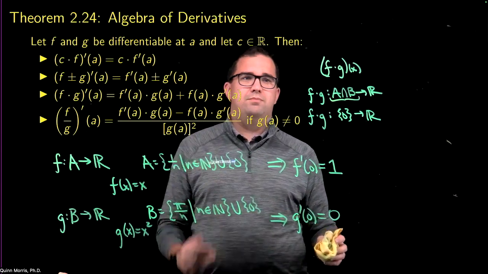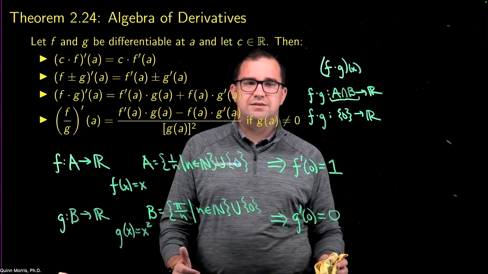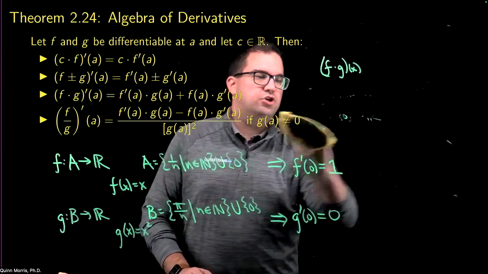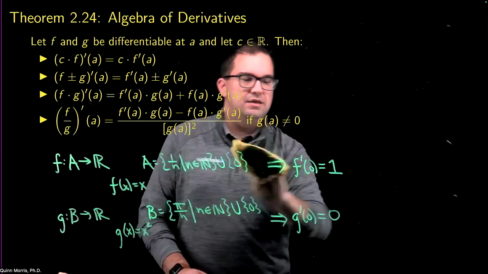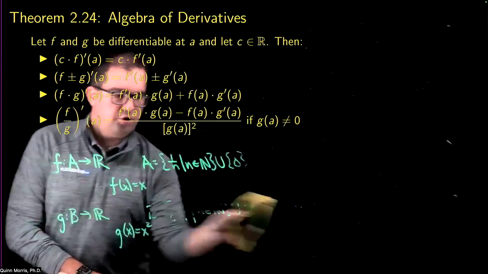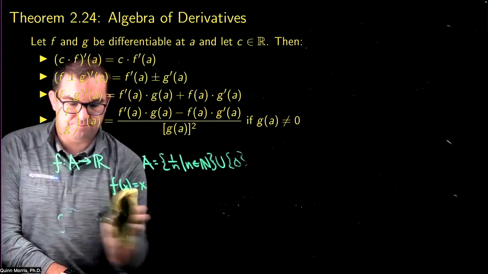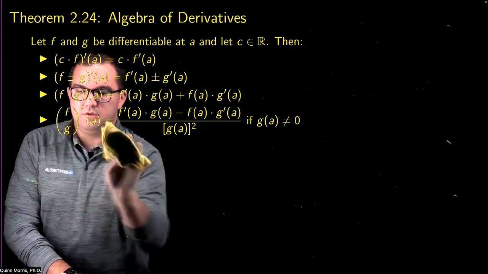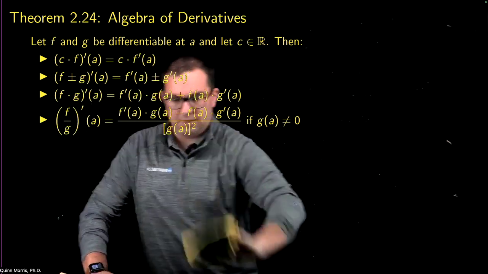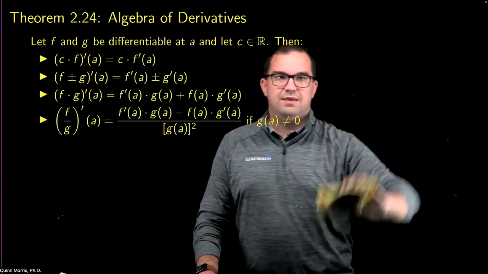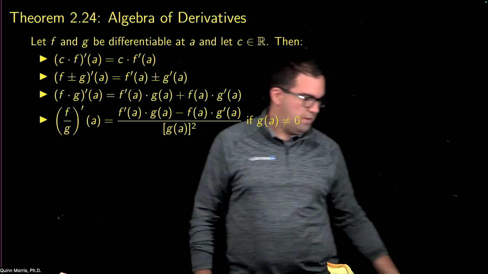I consulted a few books as I was thinking about this to see what's the most common way. And far and away, the most common way to deal with this is to just require that f and g be differentiable on a common domain D. So that's exactly what we're going to do here. This is actually exactly how it's stated in the book. My guess is that they intended that these be defined on a common domain.